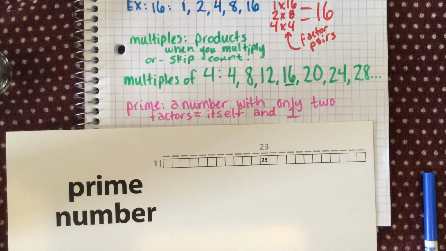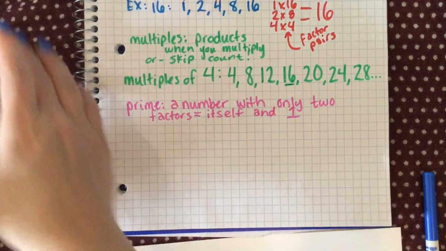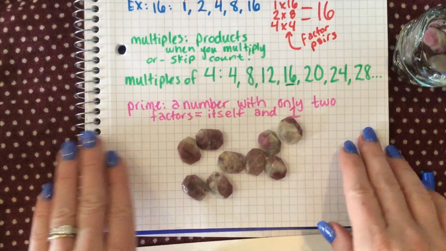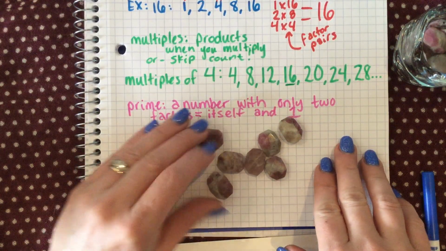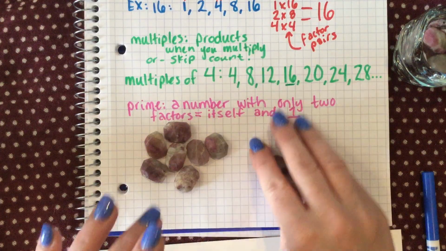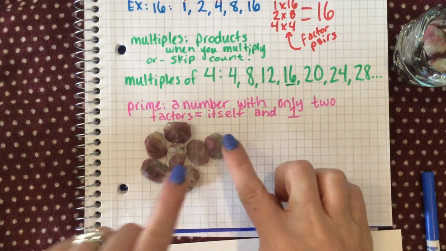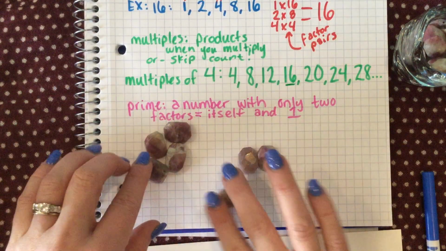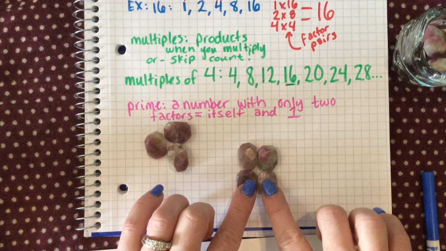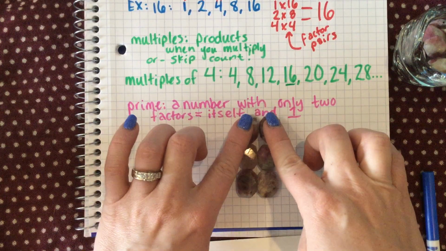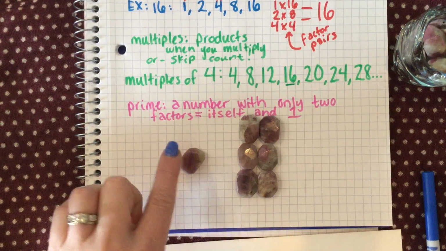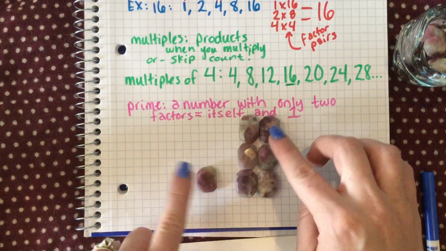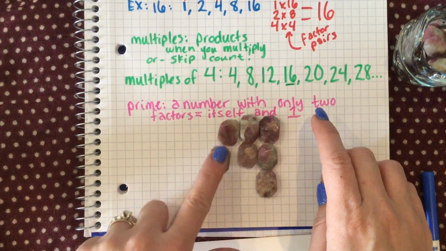Well, let's play a little, shall we? So I've got some gems here. Let's count them out. So 2, 4, 6, 7. All right, I'll put these to the side. So I'm going to try to build an array with these 7 gems. Let's see if I can go by 2s. Well, if I go by 2s, then I'm going to have one that's sticking out, and that doesn't make an array. All right, so what if I tried 3s?